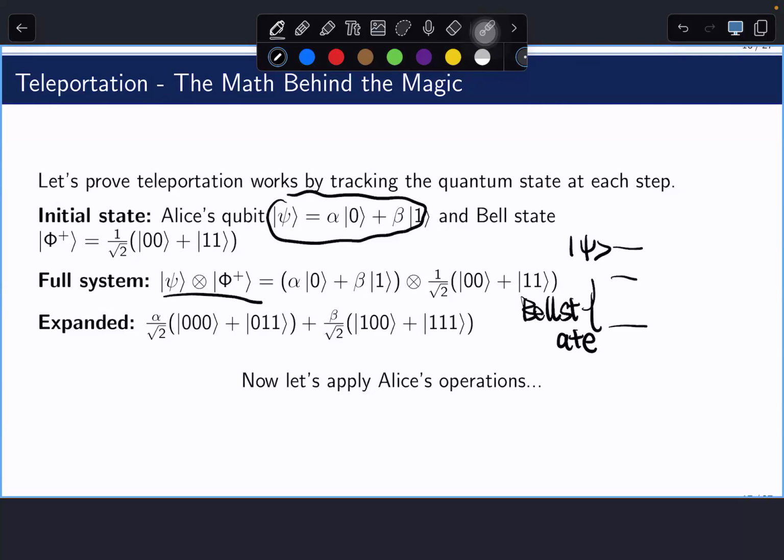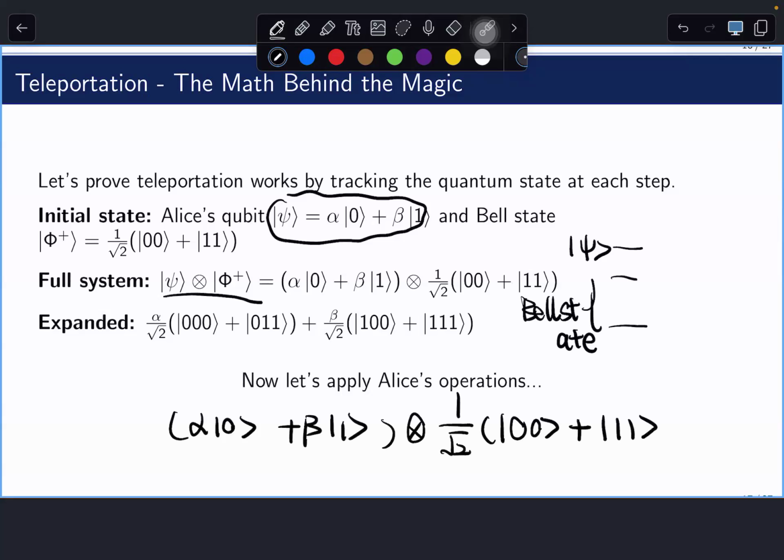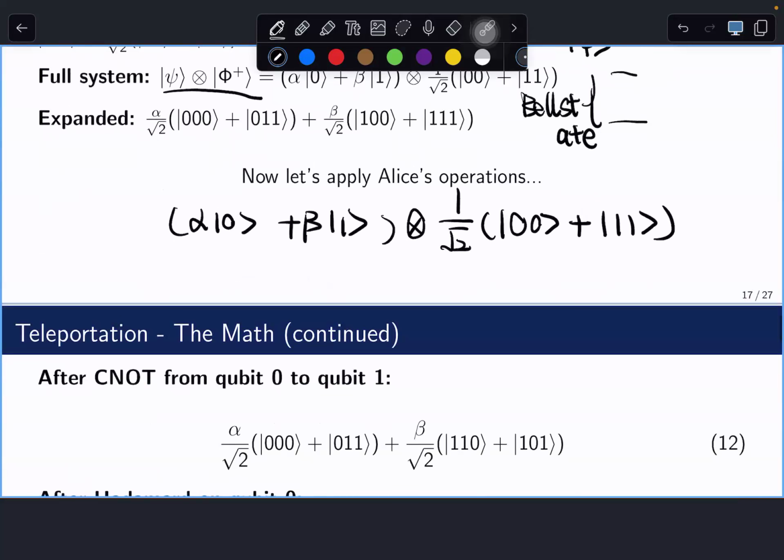So first we have alpha |00> plus beta |11> tensor product with the Bell state. So this one leads to a product with this whole stuff.